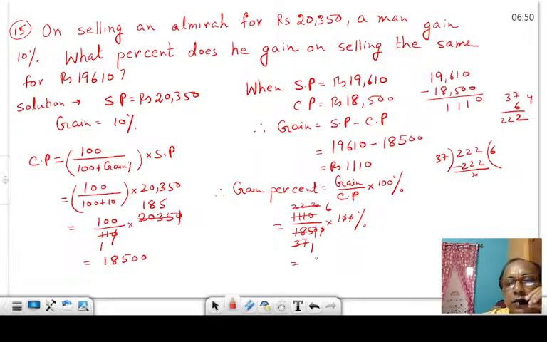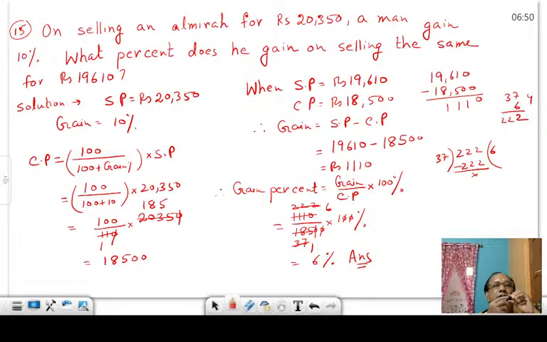Therefore, the gain percent on selling the same for rupees 19,610 is 6%. This is our answer. In this way, we have to solve all the problems.